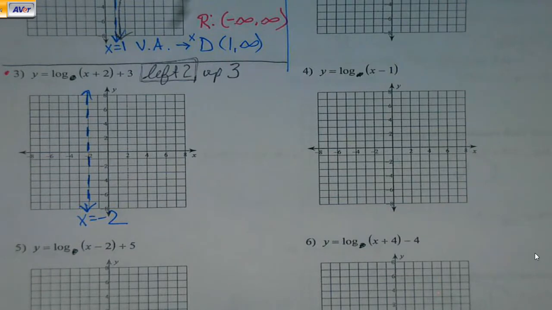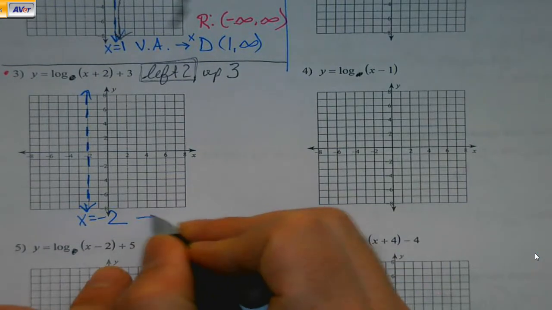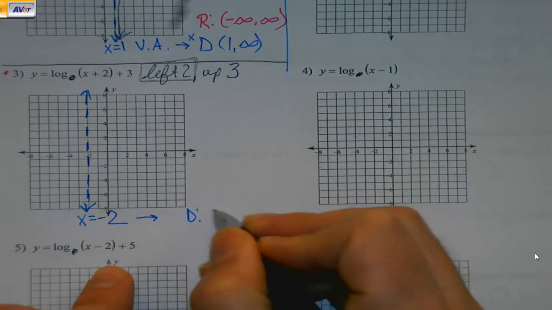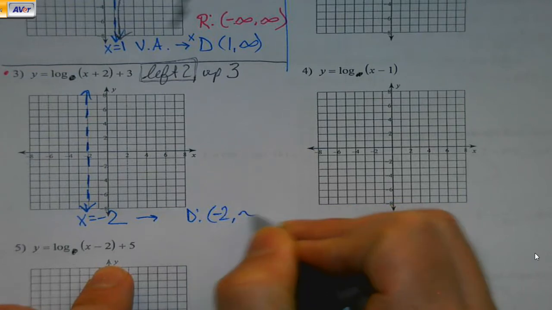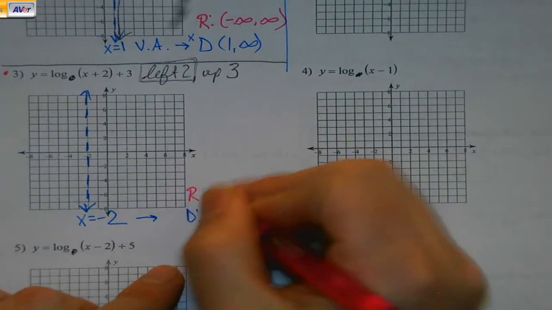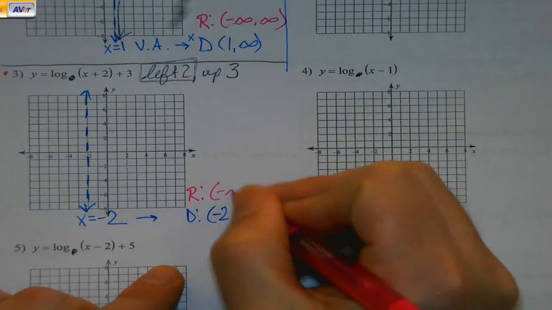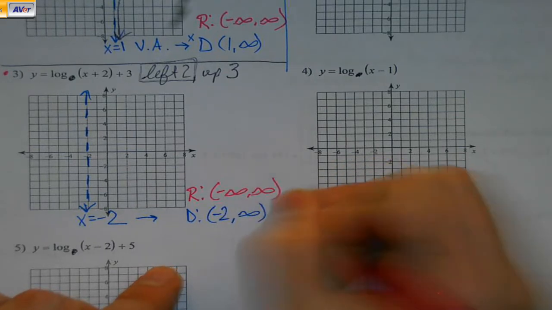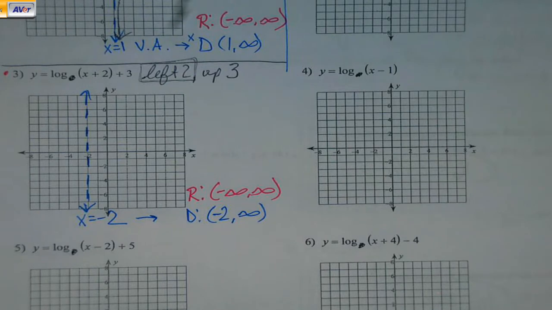And that's also going to tell me, like we saw up above, where my domain is going to start. My domain is going to start at negative 2, just like my vertical asymptote. Okay, always make that connection. And then I also can very easily get my range because, well, it frankly doesn't matter what the shift is. It's going to be the same. We're going to go down and we're going to go up forever.